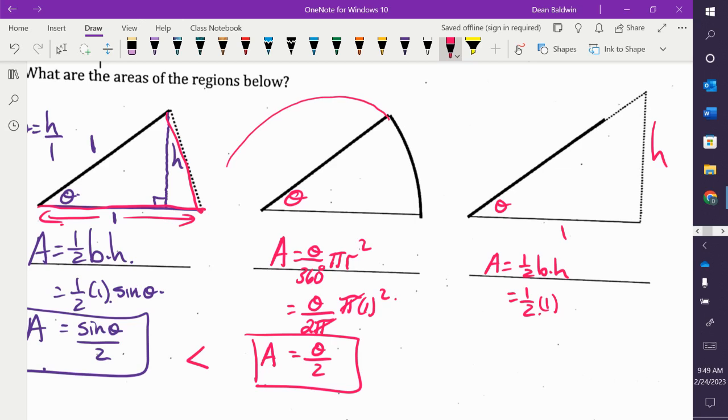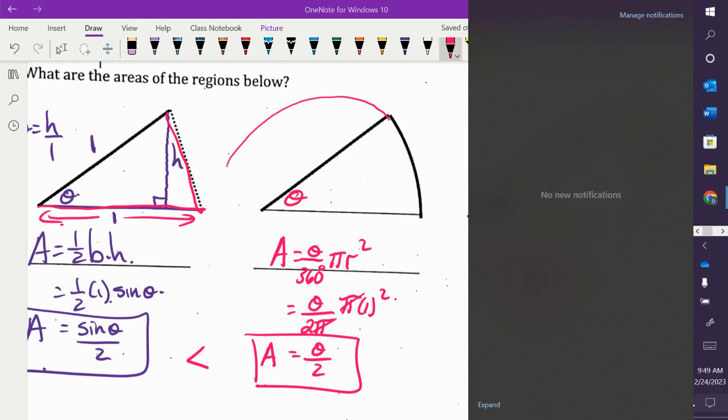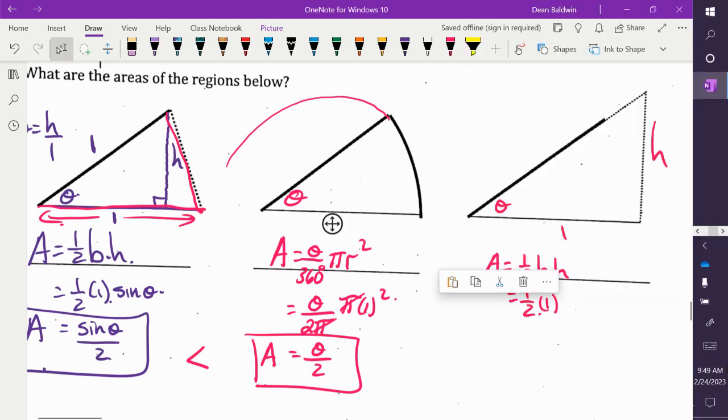Remember our right angle trig? So tan theta is equal to h over 1. Therefore, h is equal to tan theta. Is everybody good with that? So I get tan theta for h.